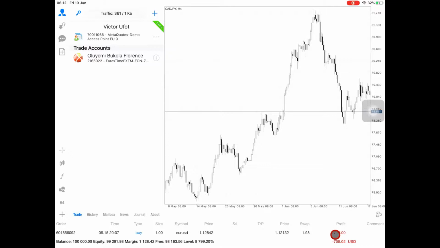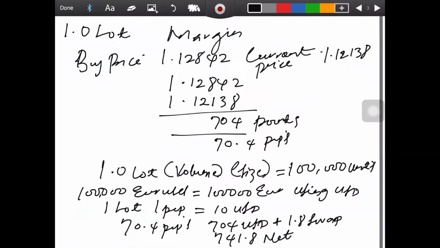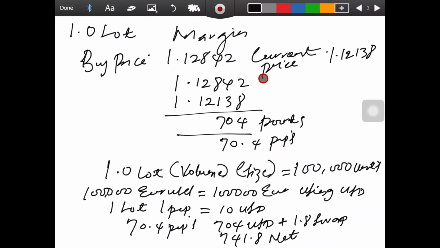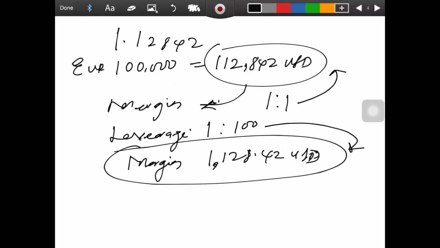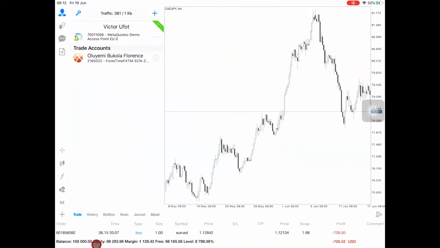Take note that this has gone more than where we started from. So we're using the current price of 1.12138. So basically that's how you calculate your equity, that's how you calculate your free margin.